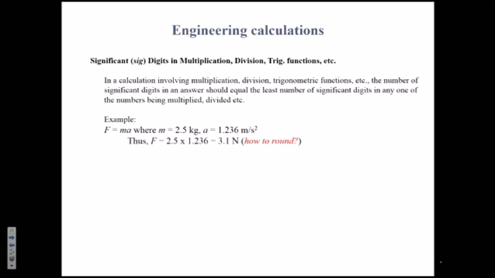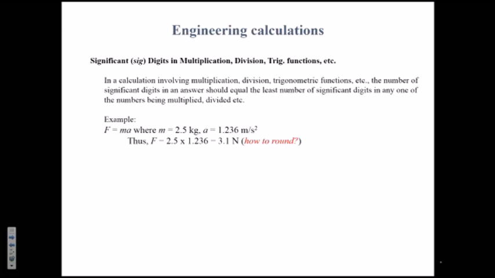Okay? So the final answer should have the same number of sig digits as the input quantity that has the least number of sig digits. So if you have 5 input quantities that you're multiplying and dividing and taking sine and cosine of, then the one that has the least sig digits is the one that should be used for the final answer.